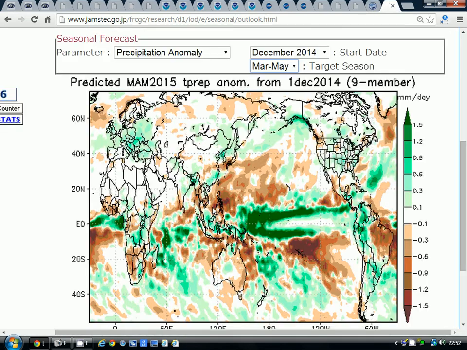The reason for that is quite clearly shown up on the precipitation anomaly, and by the way, this is the last model, not sure if I mentioned that, but this is the last model we're looking at for this update. We've got the ridge there sitting around Iceland, so it's drier than average around Iceland, above average heights there.